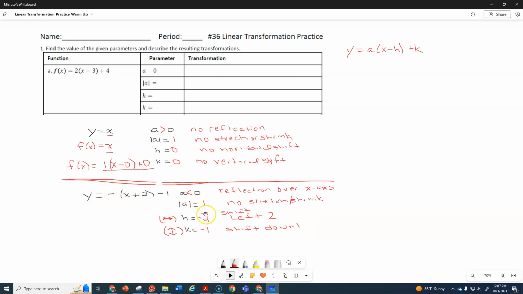The parameters are a, h, and k, and the a, h, and k help you identify the transformations. So we find the parameters just by looking, and then we have memorized what that tells us about the transformation. So that should get you through the first part of this practice.